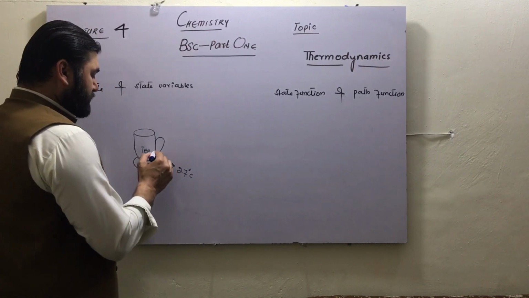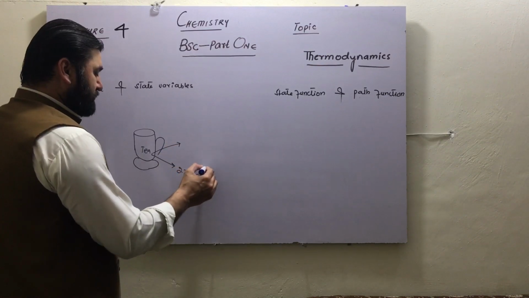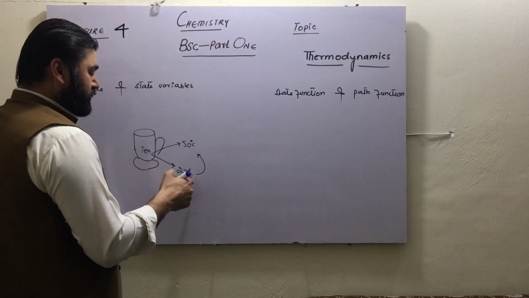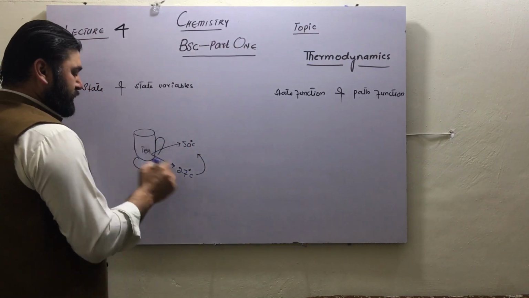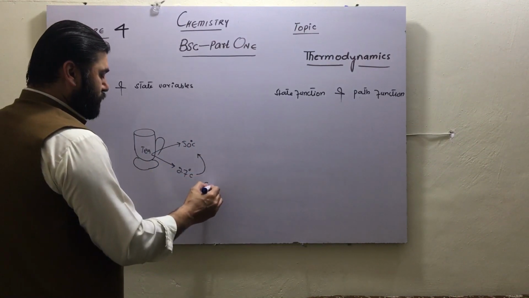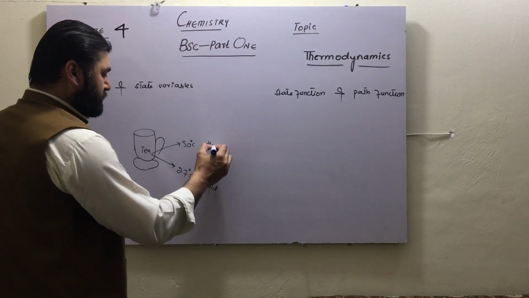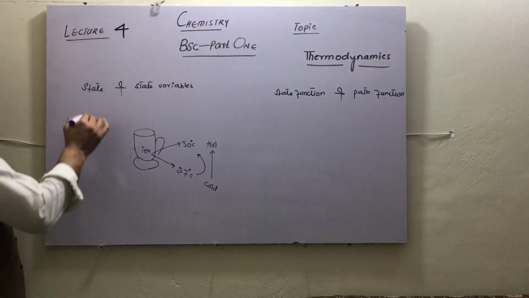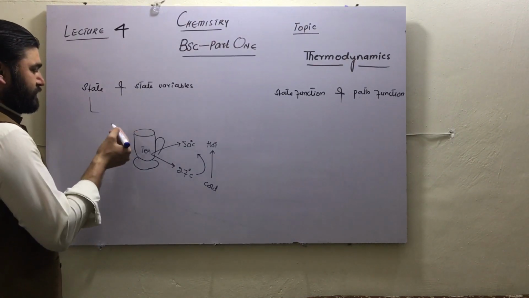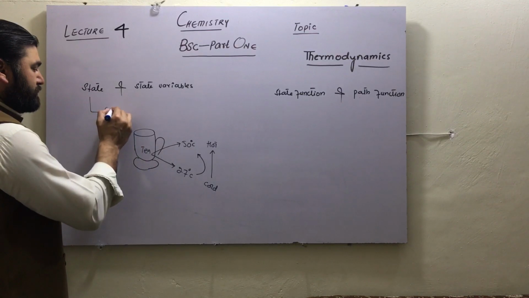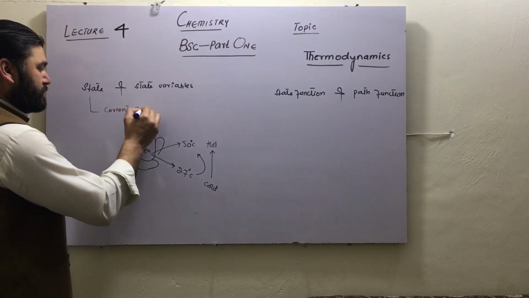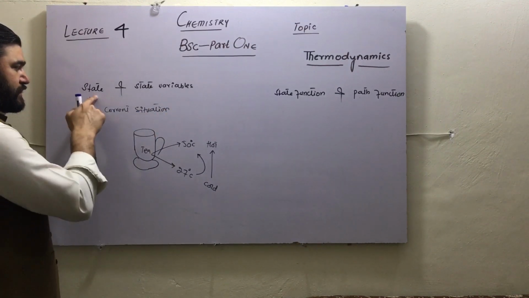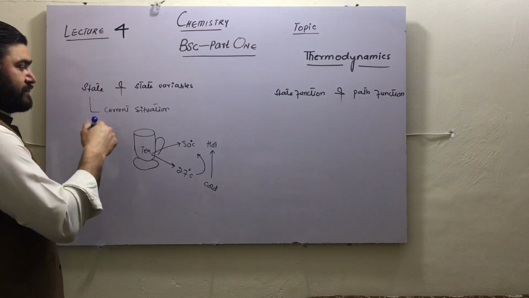If you want to increase its temperature from 27 to, say, 50 centigrade, from cold to hot, we are changing its state. State is nothing but the current situation of a system. State means the current situation.